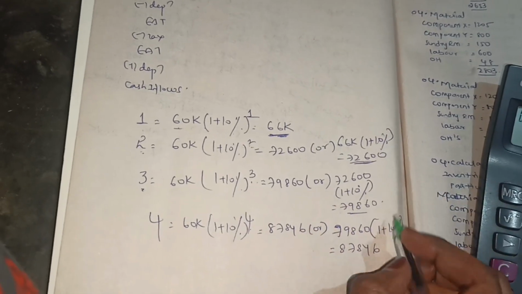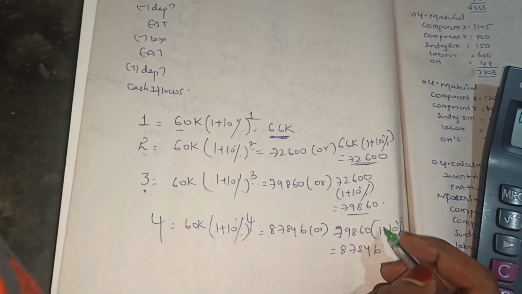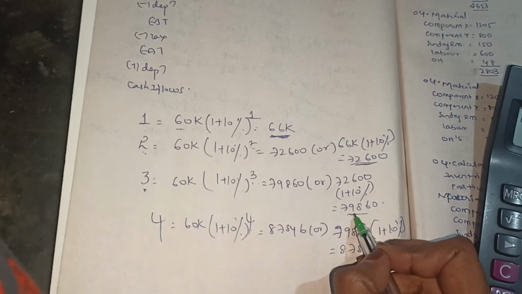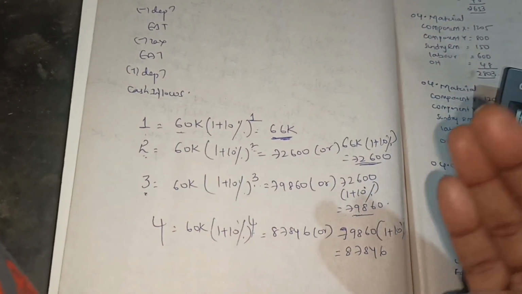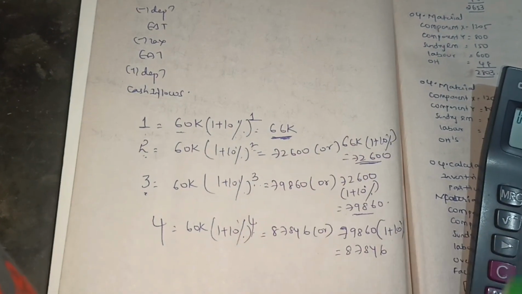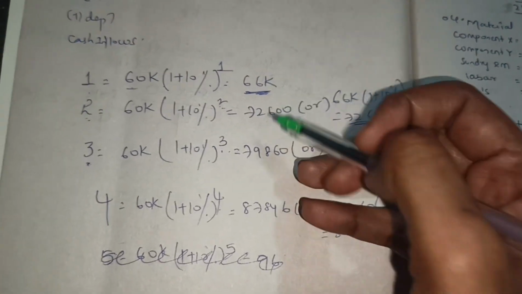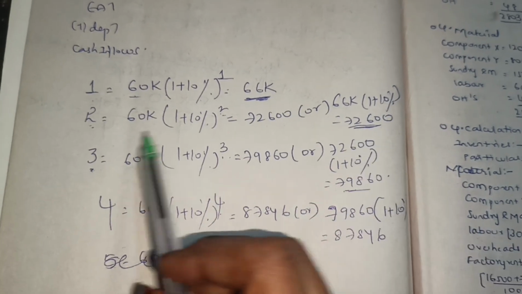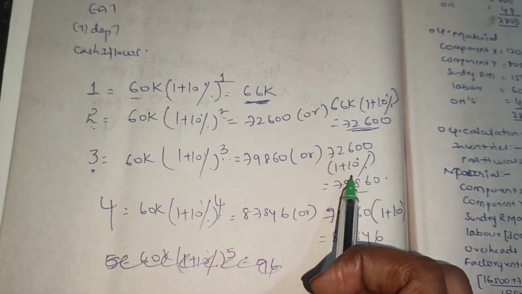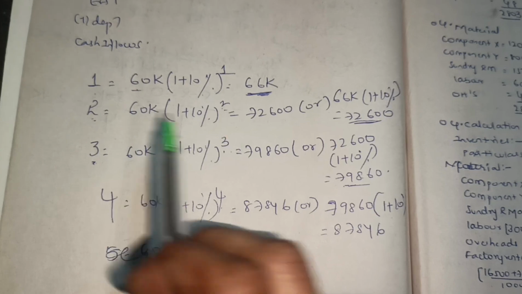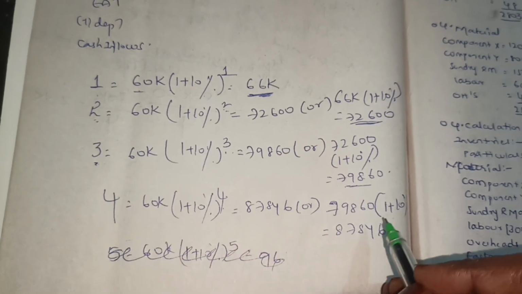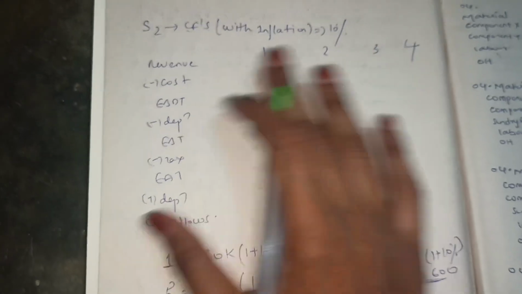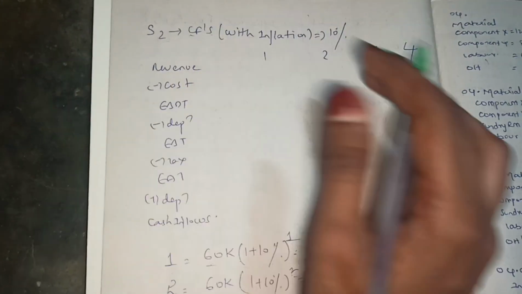See, when you add inflation to third year, you have to add only once, because this third year revenue is already including inflation thrice. We got revenues of 4 years as 66,000 for the first year, 72,600 for second year, 79,860 for third year, and 87,846 for fourth year.